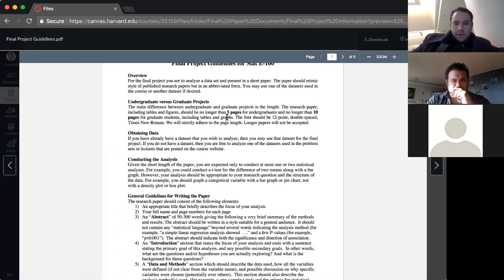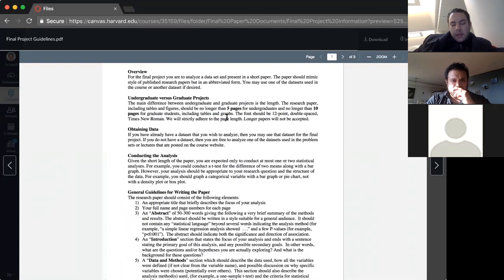I think what really helps here is that it's not really a question of length, it's more quality. It's about trying to come up with an interesting research question, running an analysis, making sure that your analysis is sound and statistically correct, and being able to describe a coherent conclusion from the analysis that you ran.